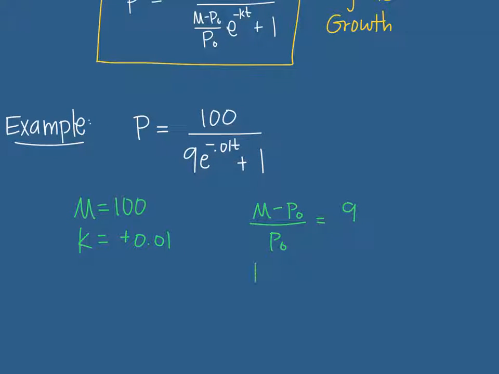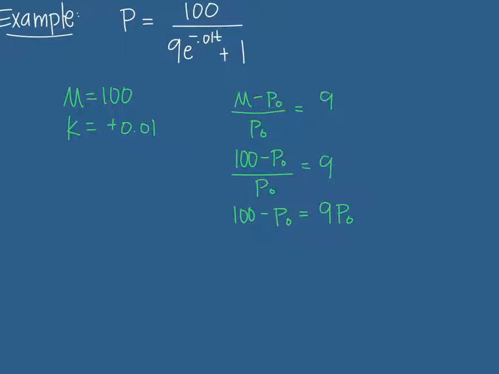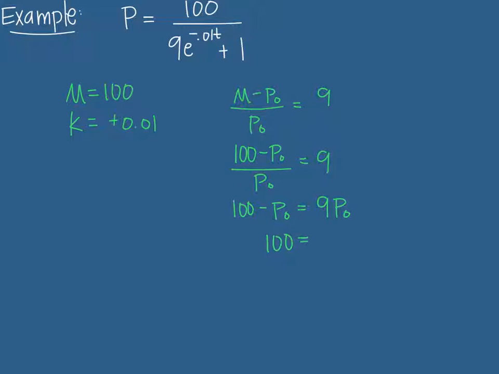We know that the max is 100, so 100 minus p sub 0 over p sub 0 works out to be 9. And then you do the algebra on that by cross-multiplying. So 100 minus p sub 0 equals 9 p sub 0. Add p sub 0 to both sides, that's 10 p sub 0. So p sub 0 is 10. So that's a sample of how you might match up the values.